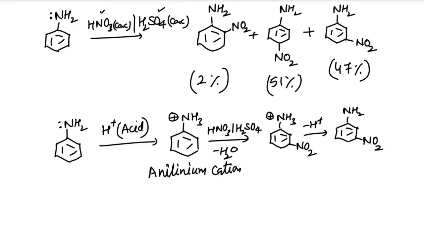Now to get the single product, what do we do? Again, we should check the activity of the aniline. So to get the single product, we remove the chances of meta product.